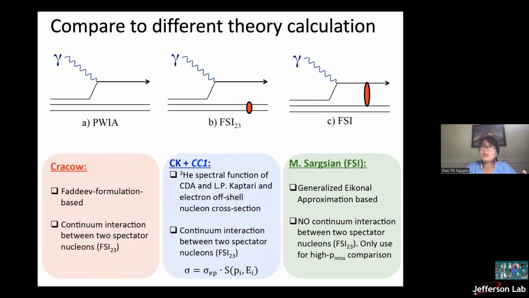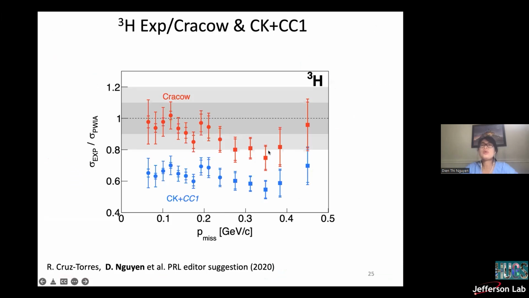Now, in order to see it clearly, we will take the ratio of the experimental cross section measurement to the plane wave calculation from the theory model I just presented to you. Then we will take a look at the ratio for tritium.